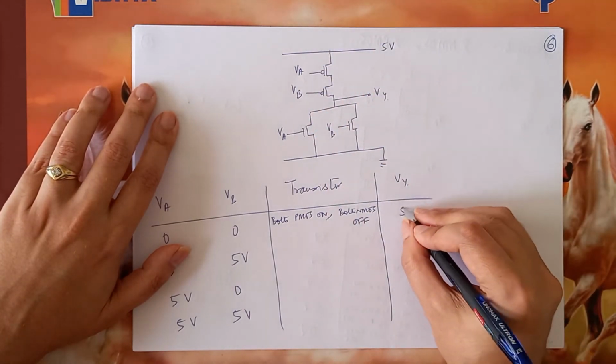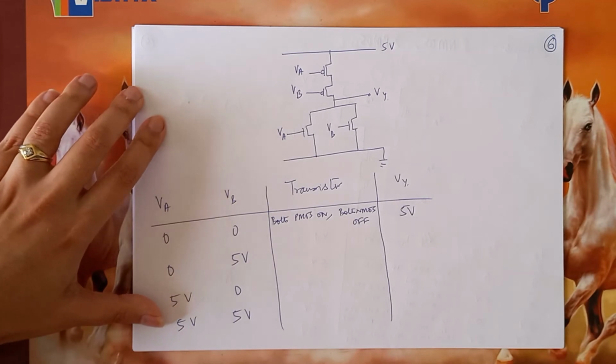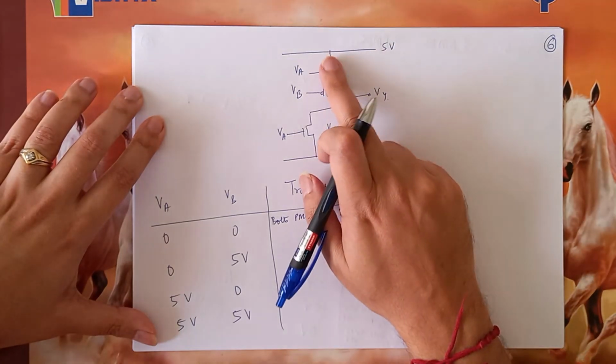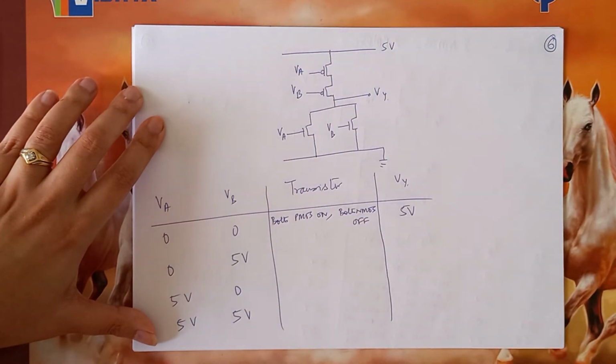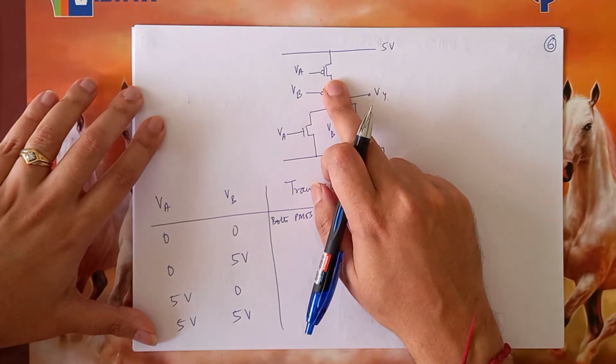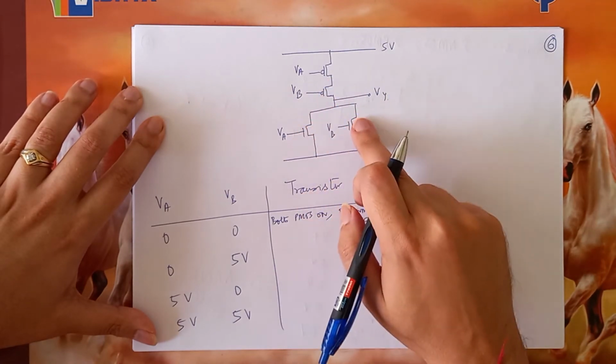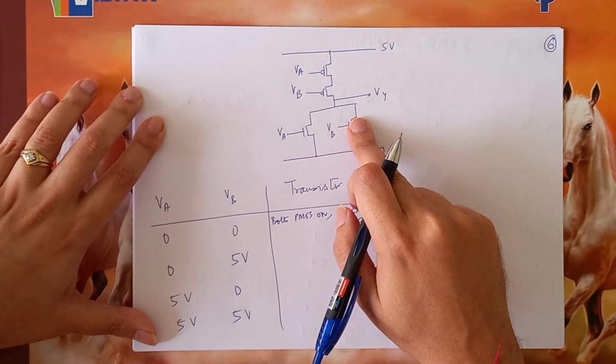So therefore, Vy will be 5 volts. When VA is 0 and VB is 5, the VA PMOS will be on and the VB NMOS will be off. But the VA NMOS will be off and the VB PMOS will be on.